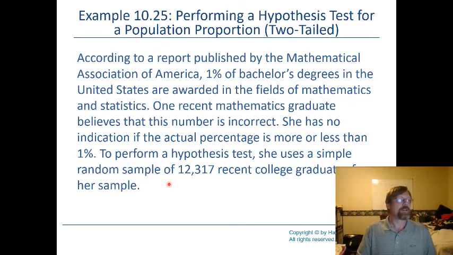According to a report published by the Mathematical Association of America, 1% of bachelor's degrees are awarded in the fields of mathematics and statistics. That is not very many. One recent math graduate believes this is incorrect. She does not know if the actual percentage is more or less. So she does a random sample of 12,317 recent college graduates and finds out what they majored in.